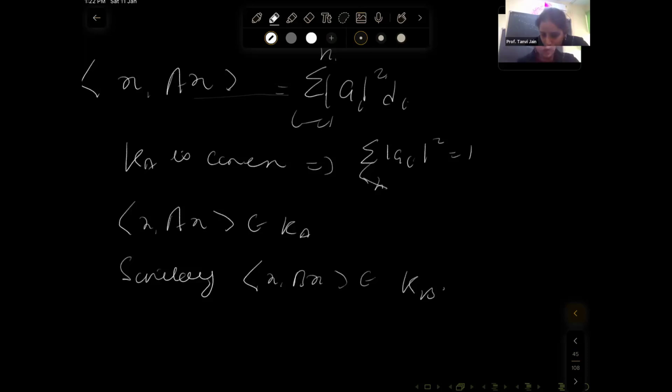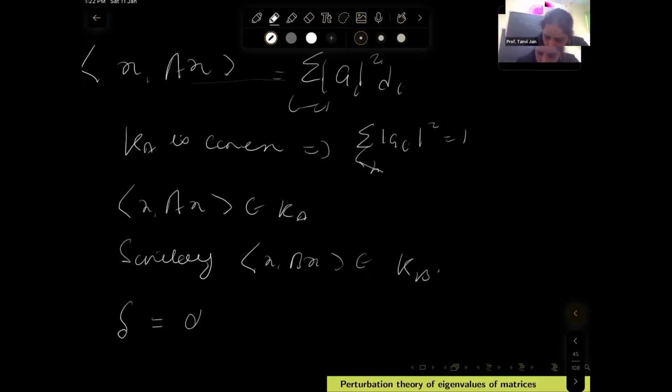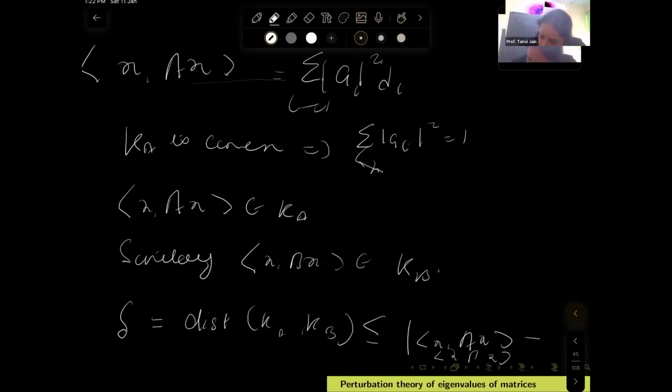So that means x comma Ax and x comma Bx belong to K_A and K_B respectively. So what do we have? Delta, which is equal to the distance between K_A and K_B, is less than or equal to mod of x comma Ax minus x comma Bx.